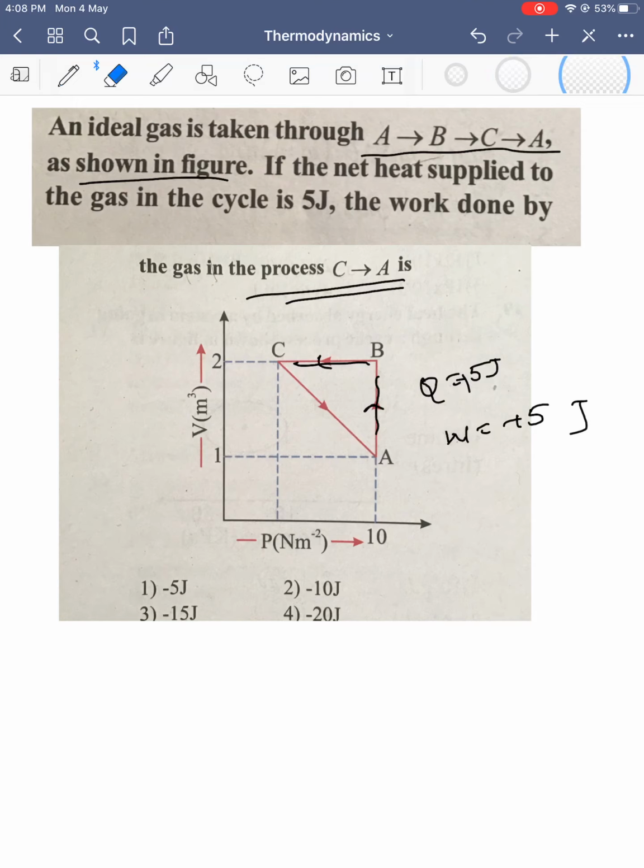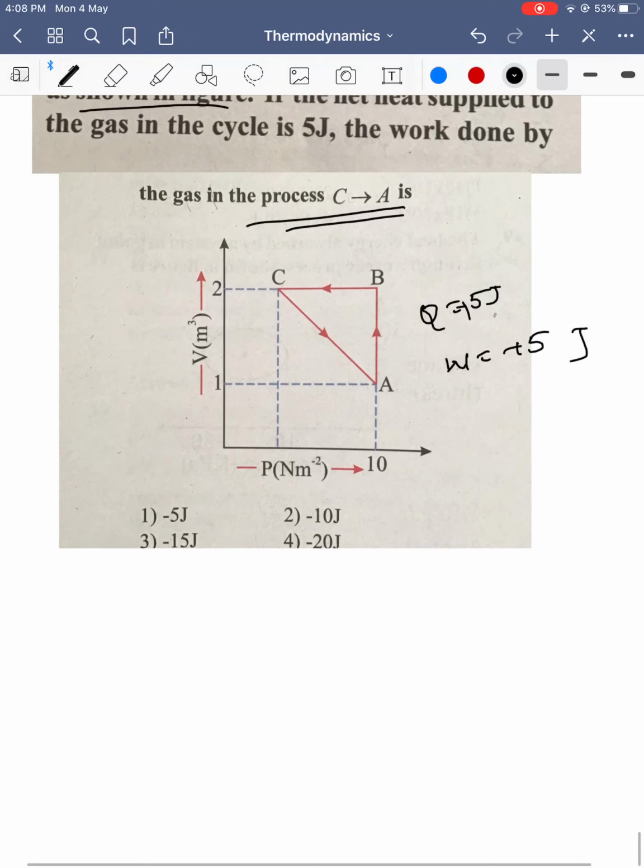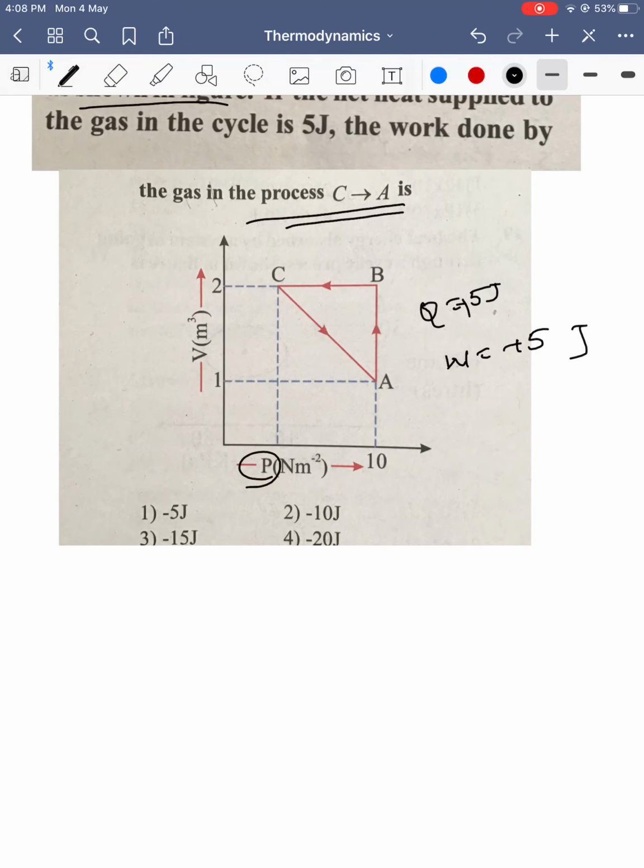CA is also an unknown process. Here a pressure versus volume graph is given. So for the work done by the process CA, first we should get the value of P. This kind of question I solved in one of the videos. How to get the value of P?